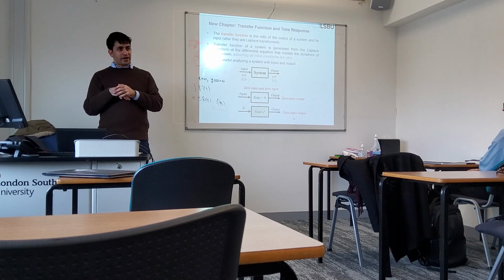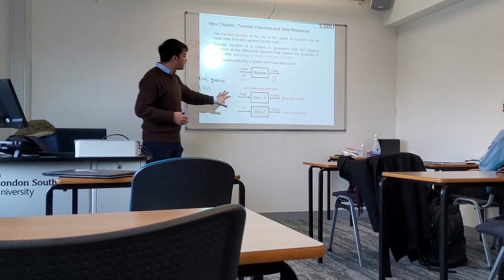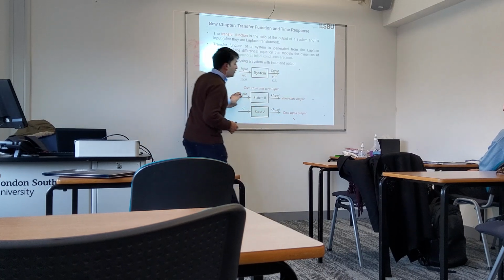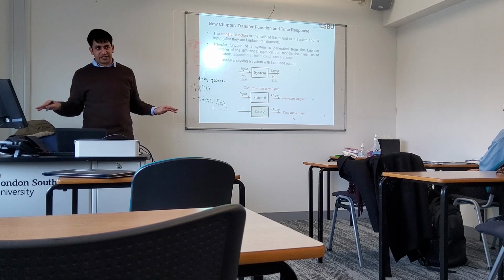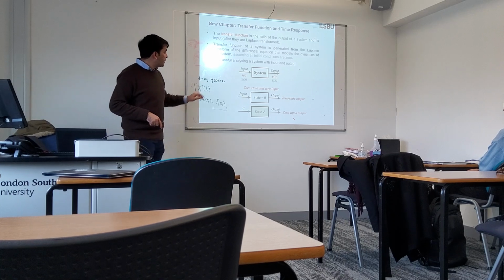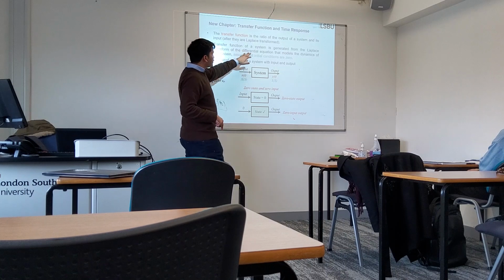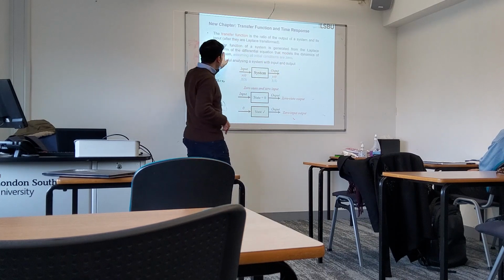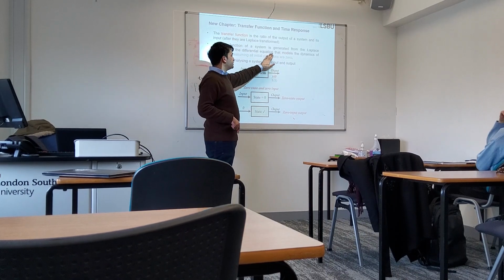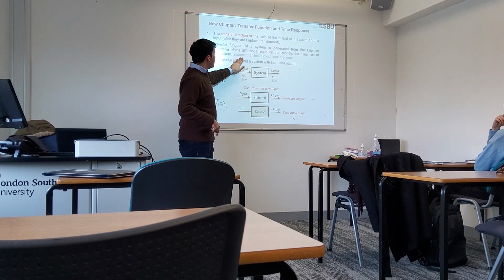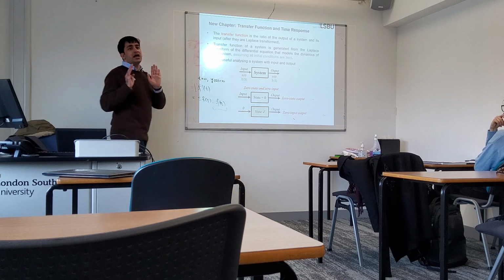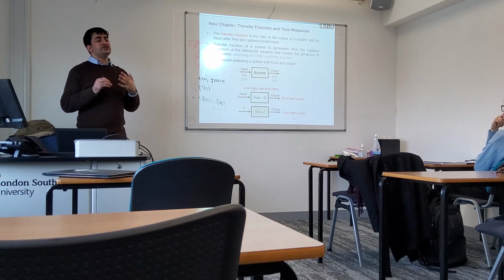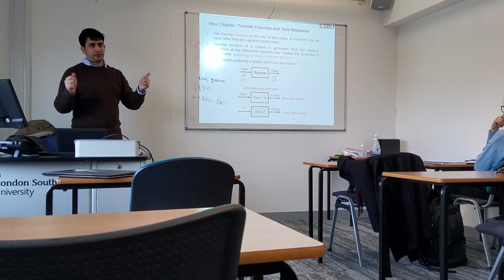But to find the transfer function, we will consider the condition where there is no state, there is zero state at that point. That's why we say that the transfer function of a system is generated from the Laplace transform of the differential equation that models the dynamics of the system, assuming all initial conditions are 0. It means that the transfer function could be found using zero state response.